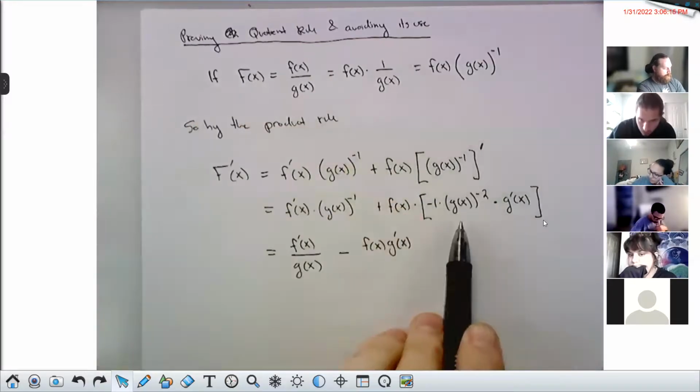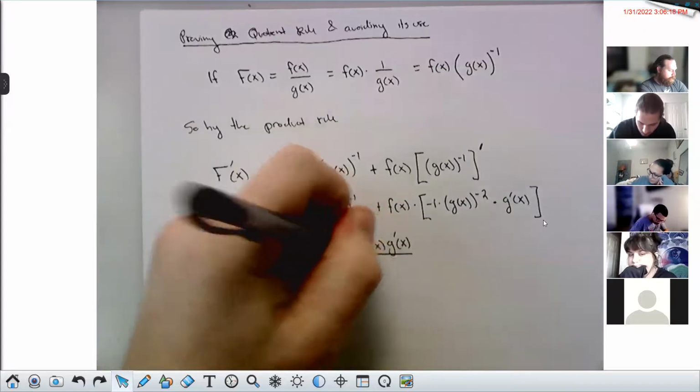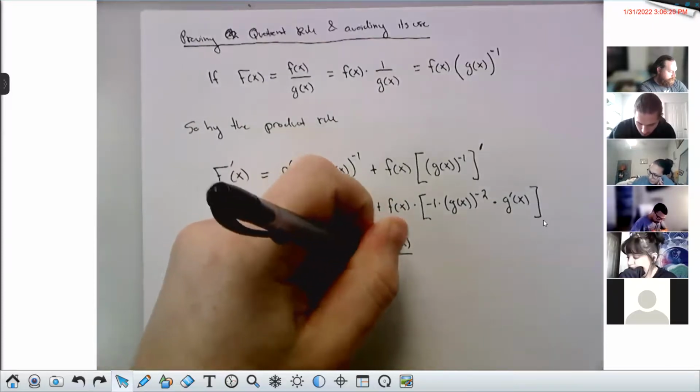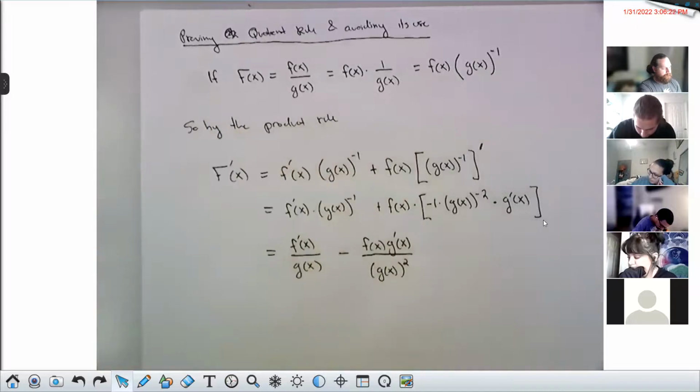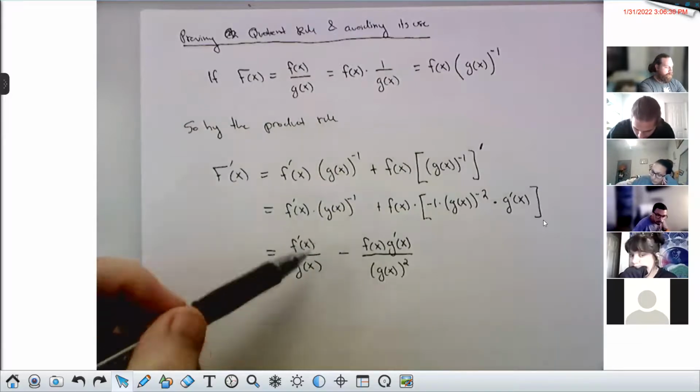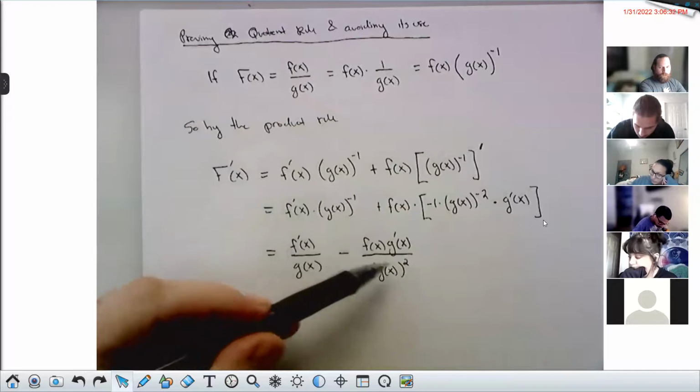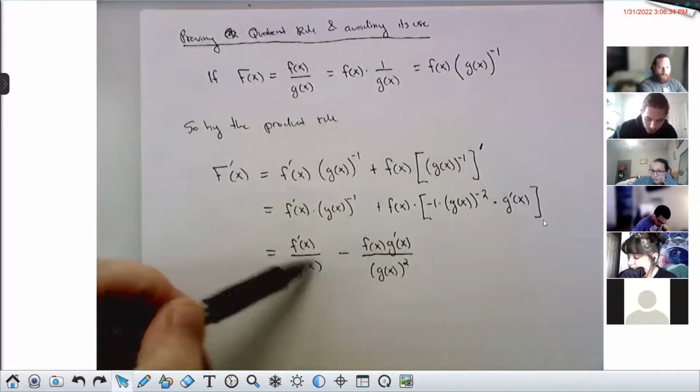And then I've got g of x raised to the -2, that's over g of x all squared. And then the only thing to do to arrive at our full quotient rule is to have a common denominator. This guy has denominator g of x all squared. This guy has denominator g of x.